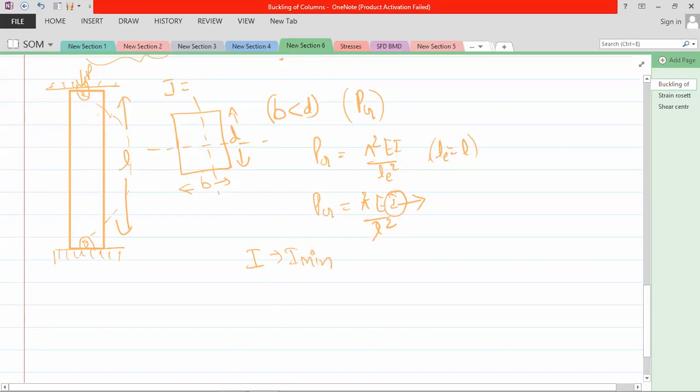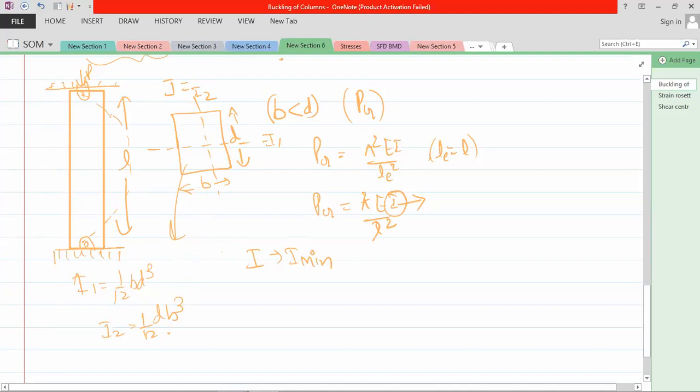Why haven't I taken a square? Because a square has the same value in both directions, so the difference will not arise. But if you take the rectangle, your I1 is 1 by 12 BD and your I2 is 1 by 12 DB. Now which I is minimum? You can just look. Your smaller value is B and your larger value is D.